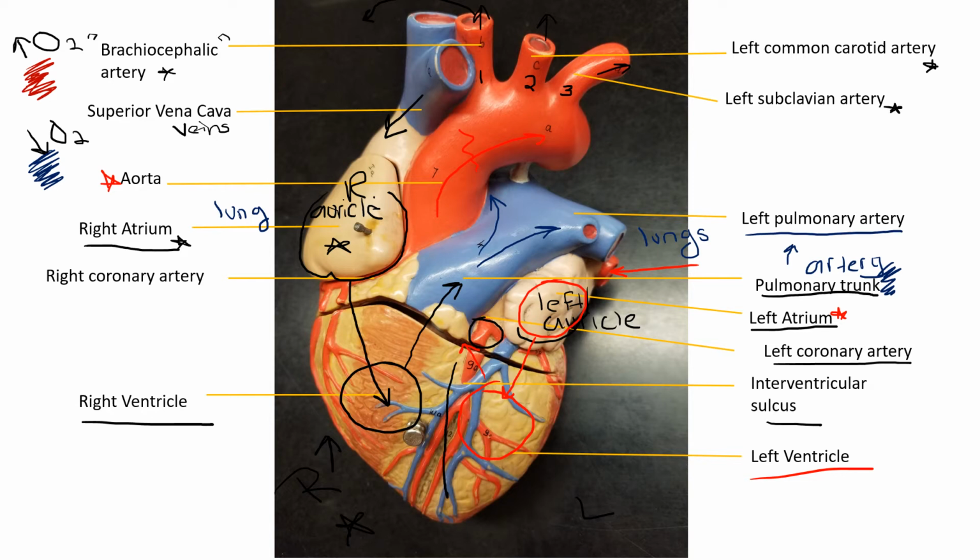It's a little lower portion of the heart, which is just separating our chambers here. So that's all it's talking about. A sulcus is usually like a little depression or a little sunken in area, and that's all that's referring to. And then the last thing that we haven't talked about is the right coronary artery. So that is going to be over here.